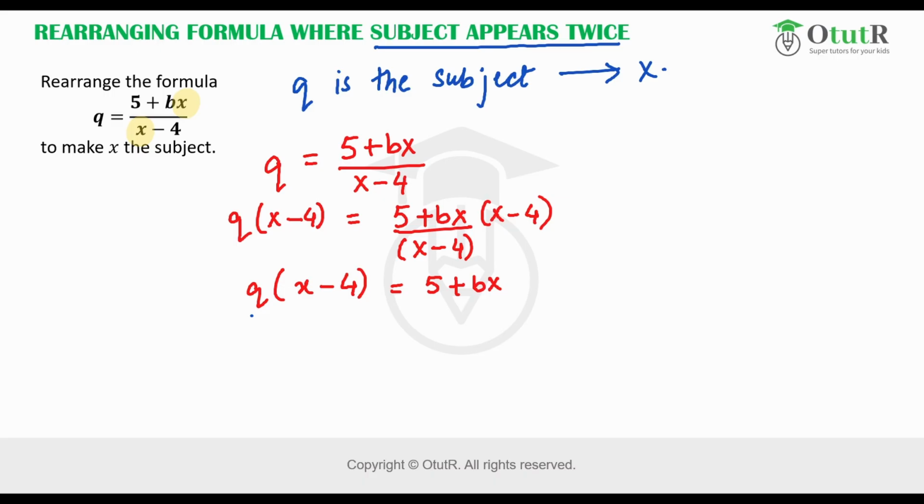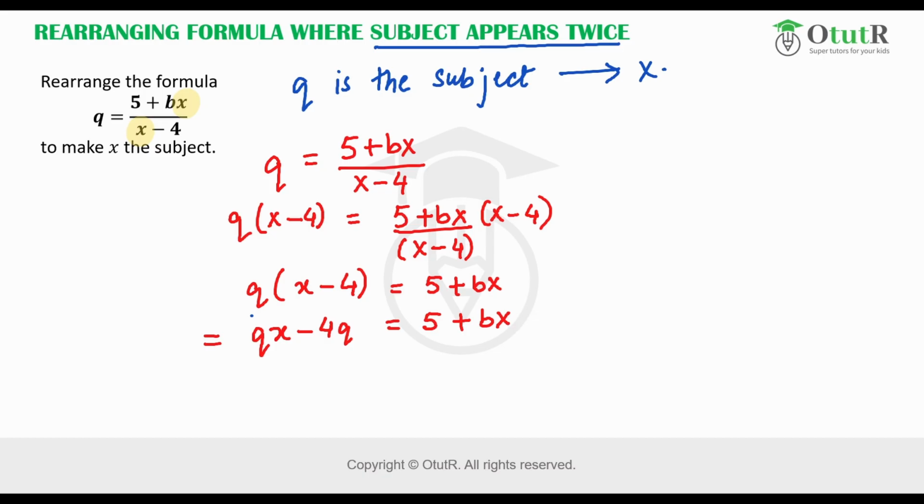Okay, after that we are going to expand the left hand side. So let's expand. It's going to be qx minus 4q and that will be equal to 5 plus bx, right?